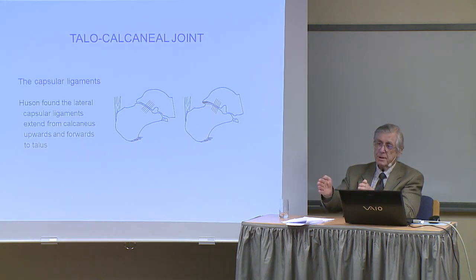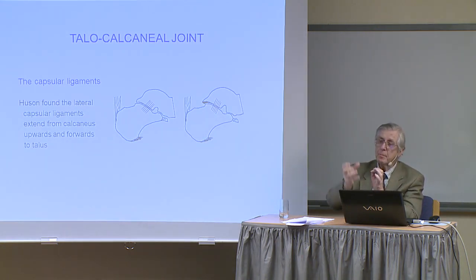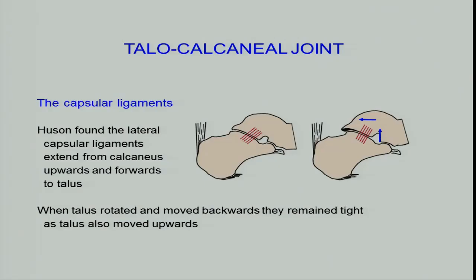But the attachment moved upwards as well, and therefore the ligament remained tight because it was moving away in an upward direction. So the pattern of movement at the talo-calcaneal joint is pretty well fixed.